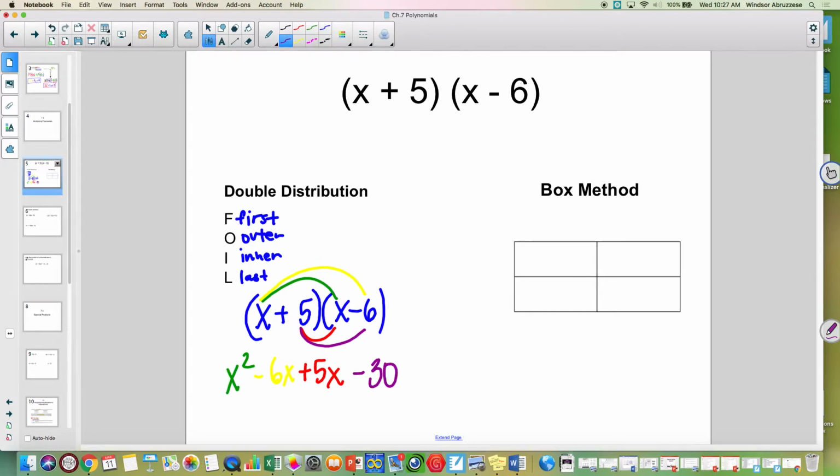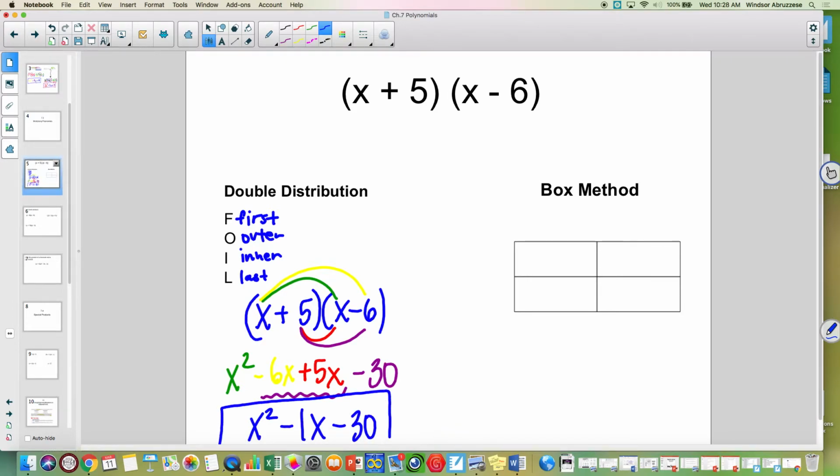So I did the first terms, the x and the x, the outer terms, the x and the negative 6, the inner terms, the 5 and the x, and then the last terms. So now I have this polynomial that I can simplify and combine the middle terms to get a final answer of x squared and negative 6x plus 5x is minus 1x minus 30.